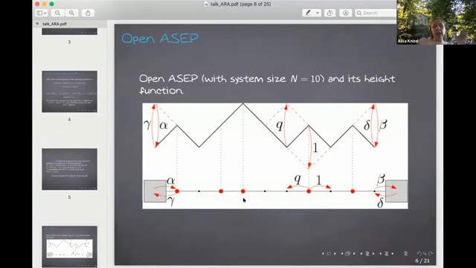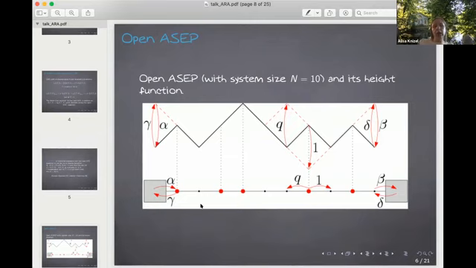It can be viewed with different boundary conditions. The one that we consider, which is related to the open KPZ, is called open ASEP. It's a Markov process on configurations of particles on the line. The particles in this picture are the red dots.